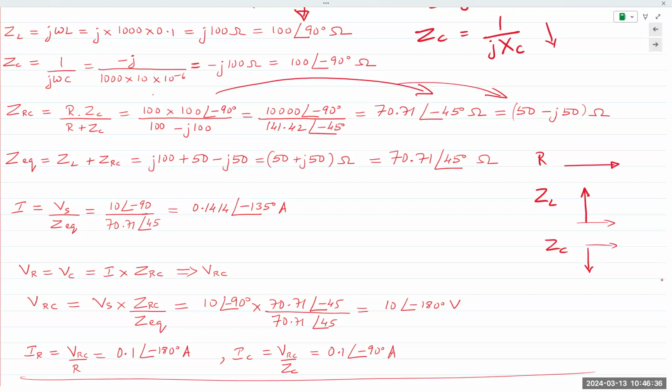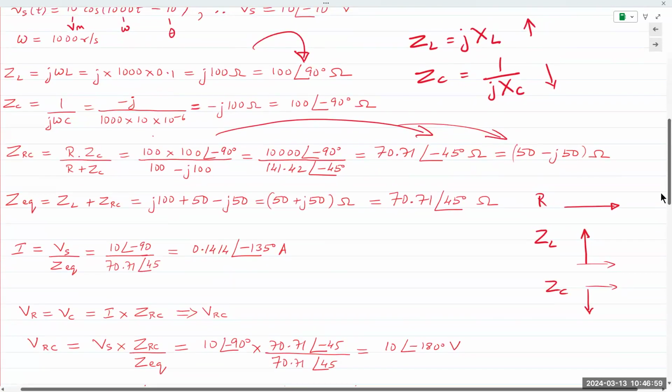Here, the capacitor and the inductor do not share the same current. So the phase difference between the capacitor and inductor will not necessarily be 180 degrees out of phase. The voltage and current for a capacitor will be 90 degrees out of phase, which we see here. ZC is minus 90, right?